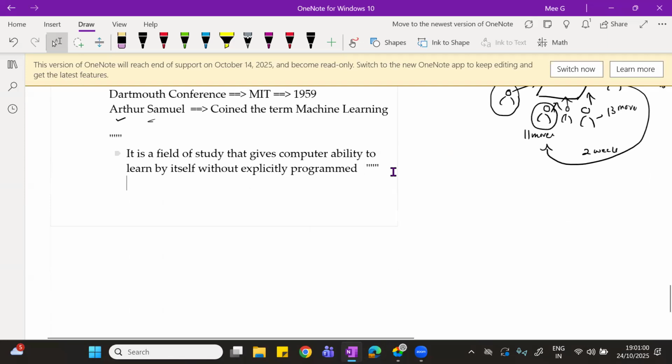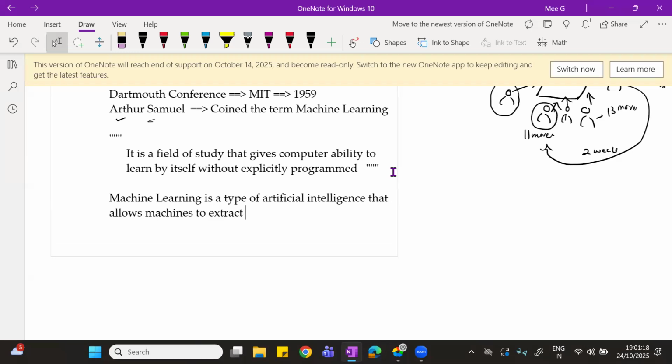Now, in general terminology, we can define machine learning as a type of artificial intelligence that allows machines to extract intelligence from the data by itself without explicit programming. It allows the machine to learn by itself by extracting intelligence from the data without explicit programming.